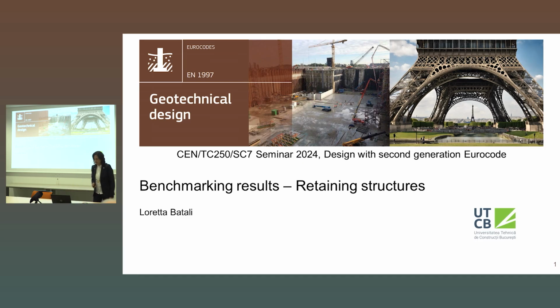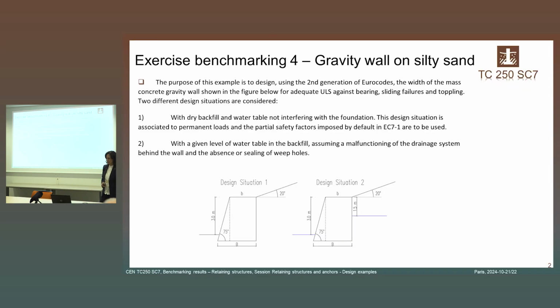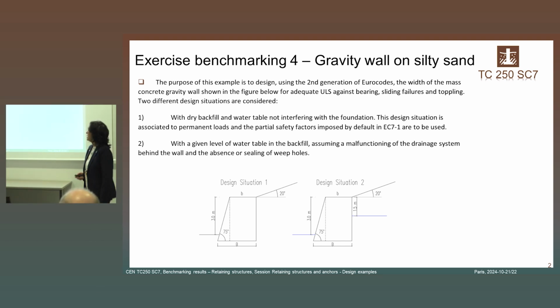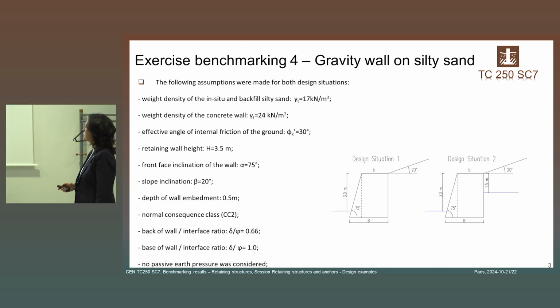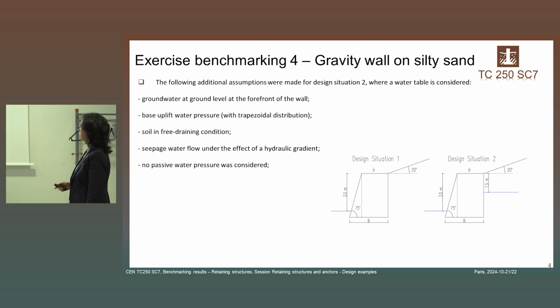Yeah, for the benchmarking results regarding the retaining structure, we chose exactly this example that Sebastiano showed you before, giving the two design situations, so I will not repeat all this, and also the values and the main assumptions.